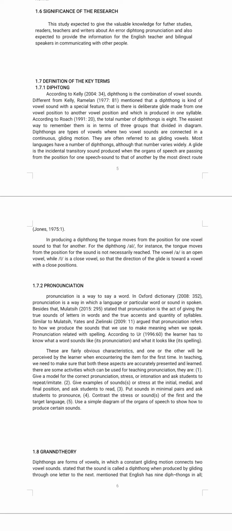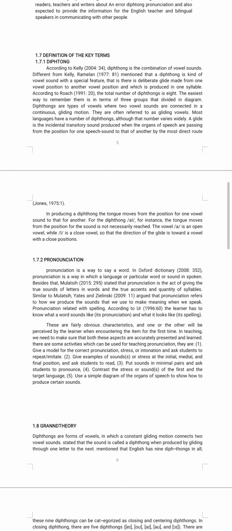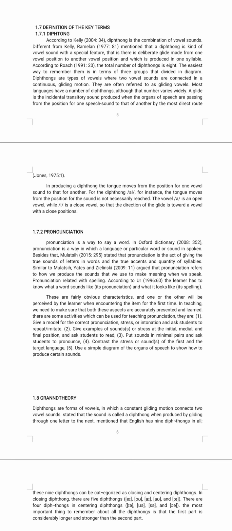These are very obvious characteristics, and one or the other will be perceived by the learner when encountering the item for the first time. In teaching, these are some activities which can be used for teaching pronunciation. They are: 1. Repeat or imitate. 2.